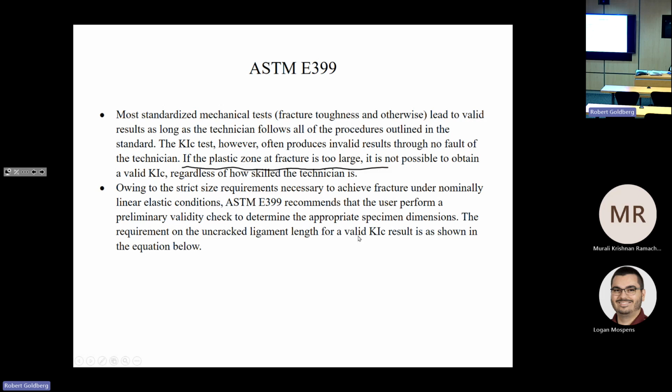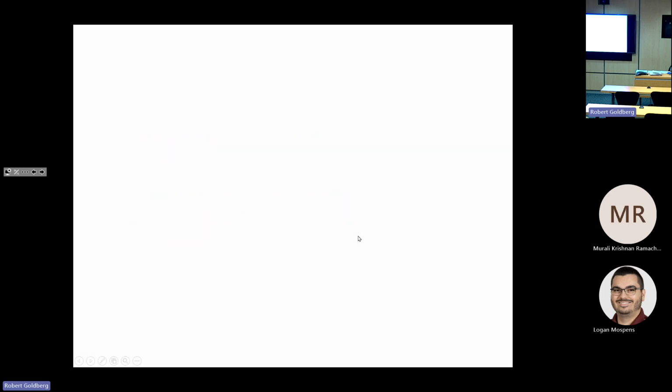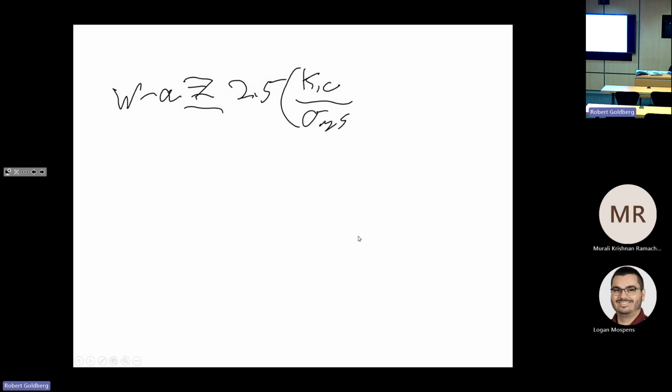The requirement on the uncracked ligament length of the specimen says that the width minus the crack length, the uncracked ligament length, has to be greater than or equal to 2.5 times the K1C over the yield stress, squared.